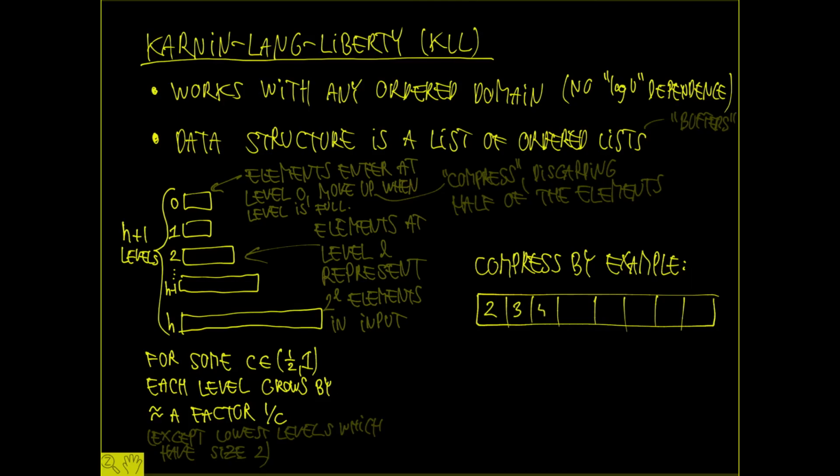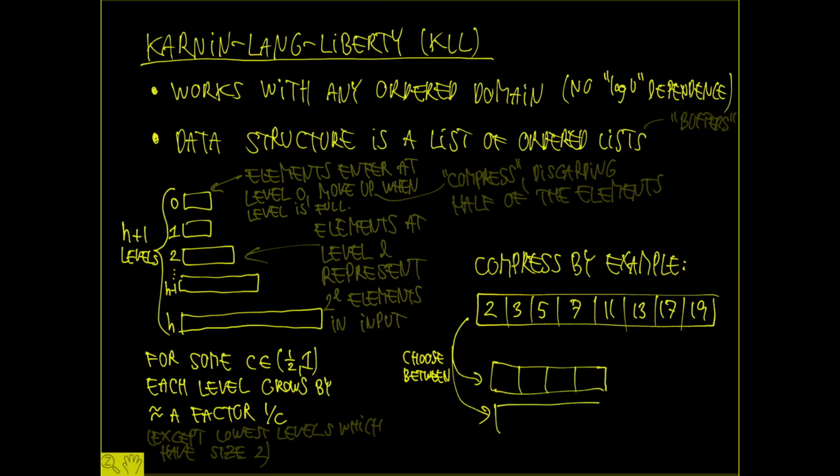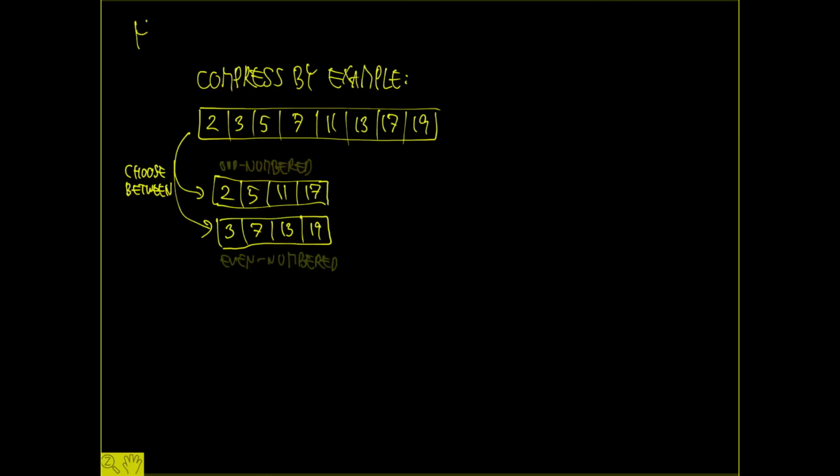So let's look at an example. Let's suppose we have a buffer at some level with, in this case, 8 elements. Now we are going to choose between two possible lists of elements to move up to the next level. Either we take all the odd-numbered elements from the list in sorted order, or we take the even-numbered elements from the list.